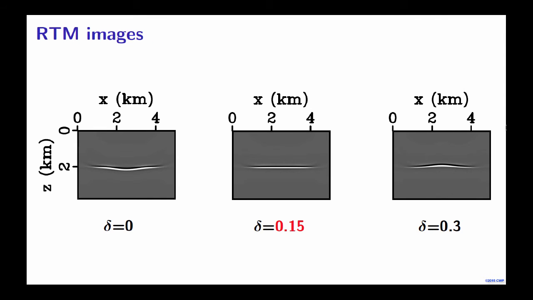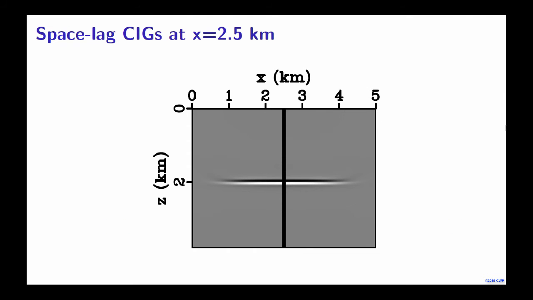Now let's take a look at the RTM images obtained with different values of the maximum value of the Gaussian anomaly in delta. The other two parameters are kept at their correct values. And the reflector positioning is affected due to the errors. But not only this, the errors in delta here also cause quite strong defocusing in the extended domain, as I'm going to show you in a second.